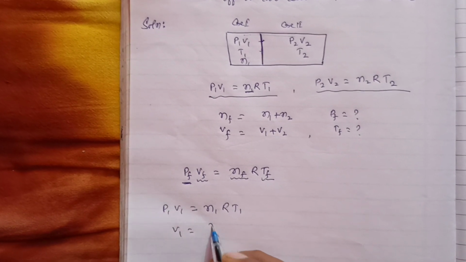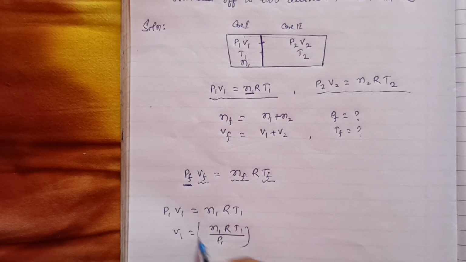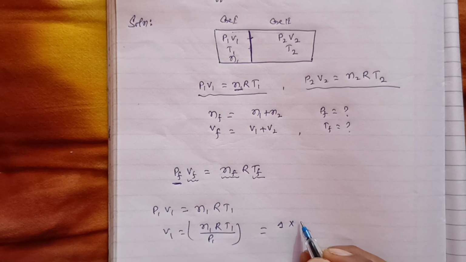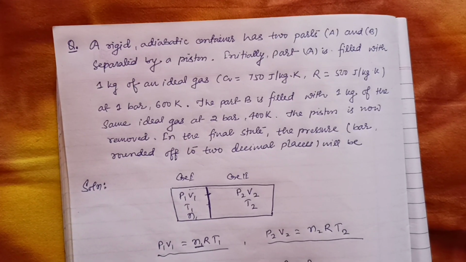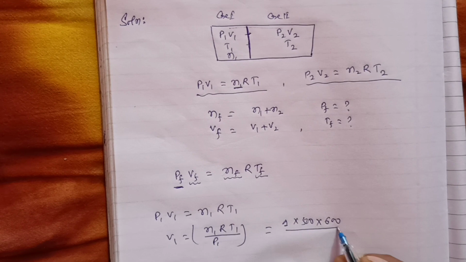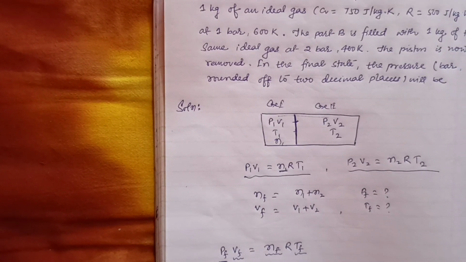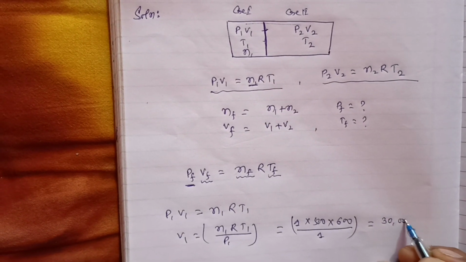So V1 equals N1 R T1 by P1. What is N1? 1 kg. R is 500, you can see here. Temperature T1 is 600, divided by P1, which is at 1 bar. So it is equal to 30 and 40.